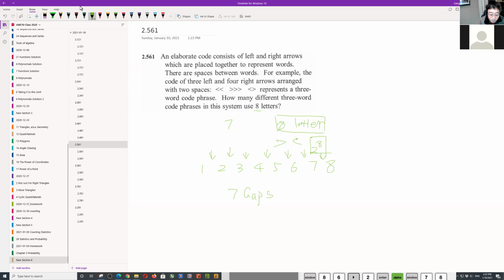And so 7 gaps to choose the positions of 2 arrows. So it's 7 choose 2, and 7 choose 2 just makes 3 words.